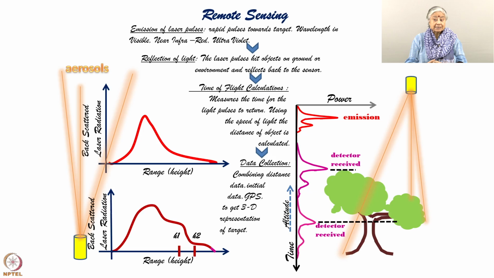So at that point, you might choose a laser which is in the near infrared, which can bypass these trees here. It will bypass these trees here, and it will go down to the ground level. But then suppose you are not interested in bypassing the trees.